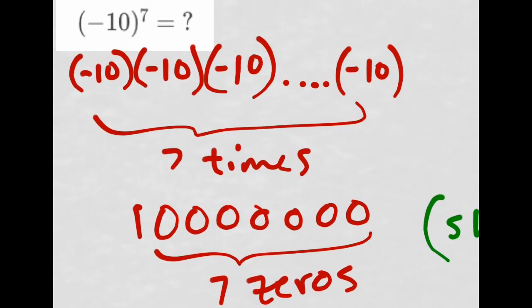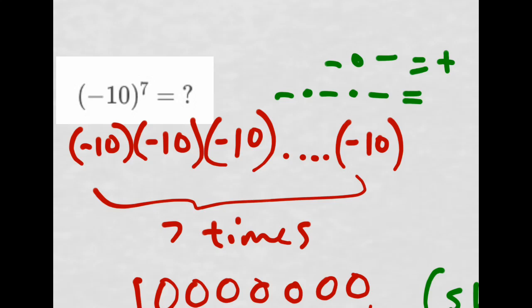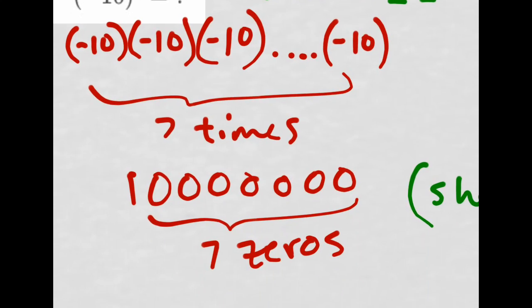However, we had a negative in here. If you do a negative times a negative, you'll get a positive, right? If you have a negative times a negative times a negative, that'll be another negative, because this is positive, and then times a negative would be a negative again. So anytime this is odd, meaning it has like 3, 5, 7, or 9, you'll have a negative answer.